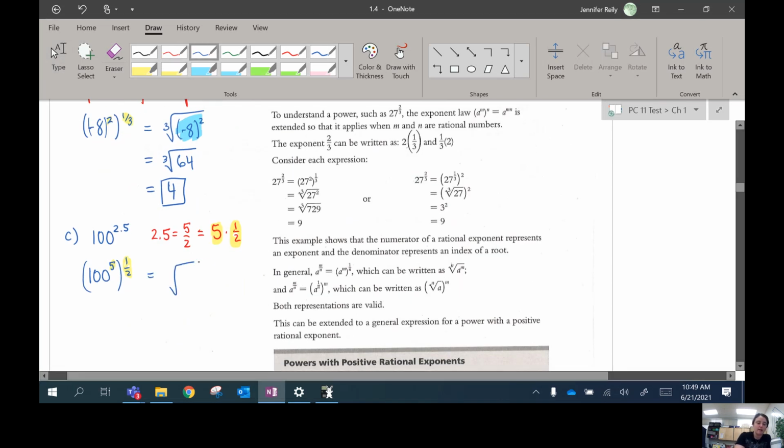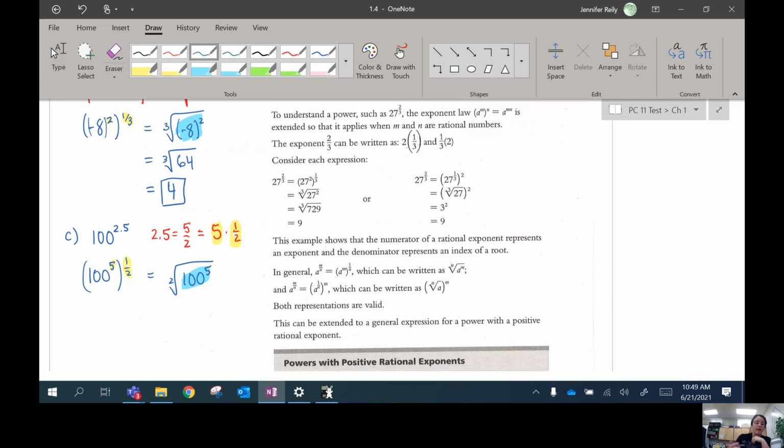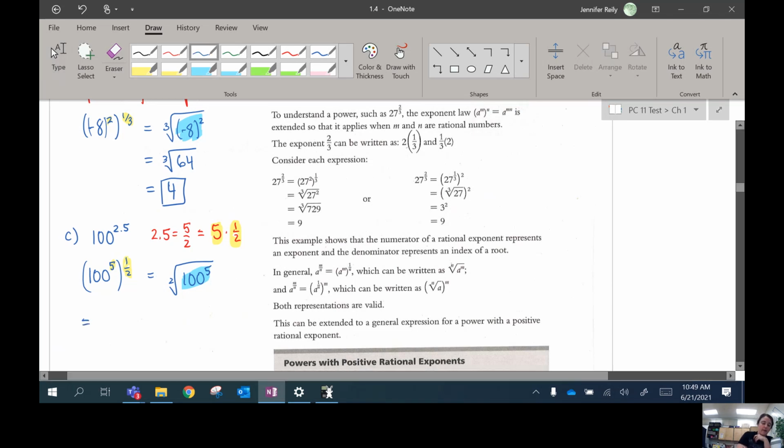Okay, and remember 1/2 is the same as a square root. So this is the same as square root of 100 to the power of 5. So I'll evaluate this middle part first and then do the square root second. So 100 to the power of 5, I'm just going to multiply the number of zeros I already have by 5. So I'm going to end up with 10 zeros. 1, 2, 3, 4, 5, 6, 7, 8, 9, 10.